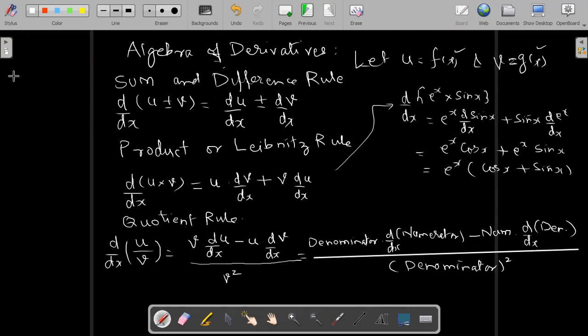I'll give you an example. If you have to find d by dx of the same example, e to the power x upon sin x. These are the two functions in the quotient.